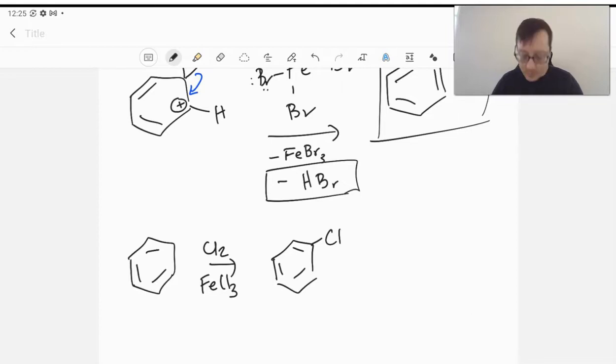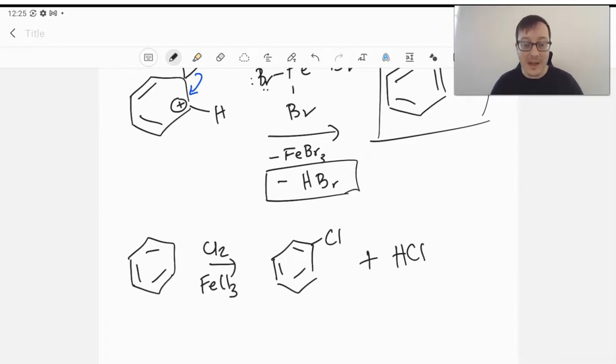And so, in the process, of course, we will also make an HCl molecule, just like we made an HBr before. And the mechanism is exactly the same. The chlorine will complex with the iron, form chlorine positive, which will then be attacked, form a sigma complex, and then eliminated, forming the HCl. And so in either case, it'll work.